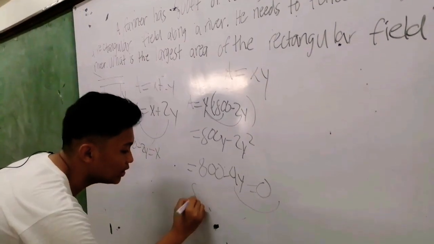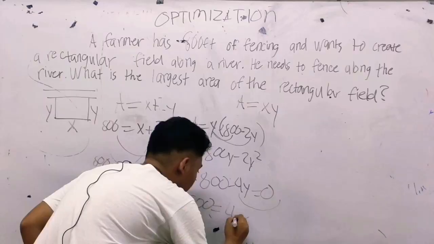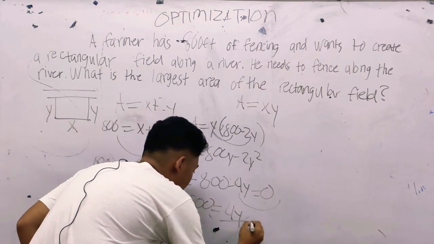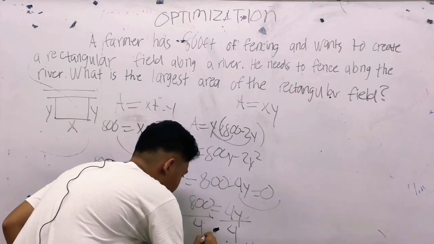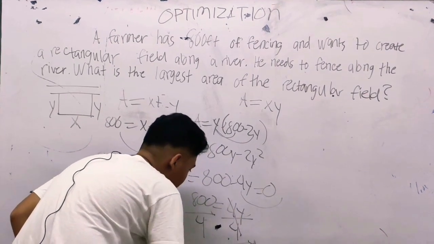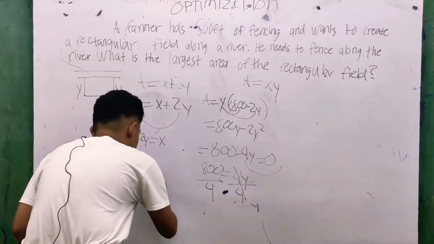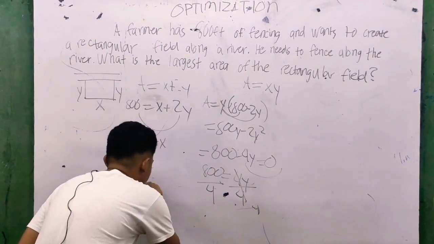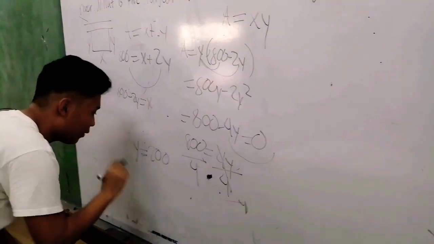So it becomes 800 is equal to 4y. Now we have to divide it by 4. We have to cancel the left terms. 800 divided by 4 is equal to 200. And that is our y.